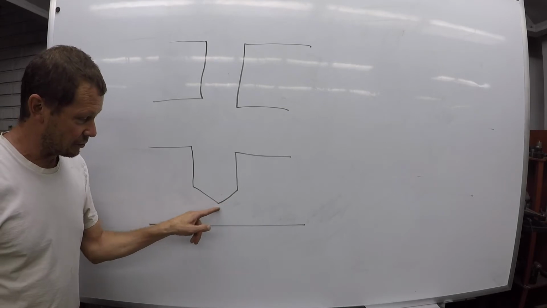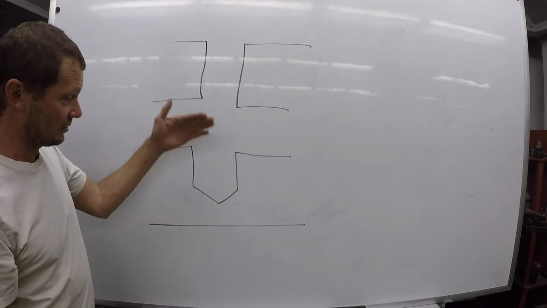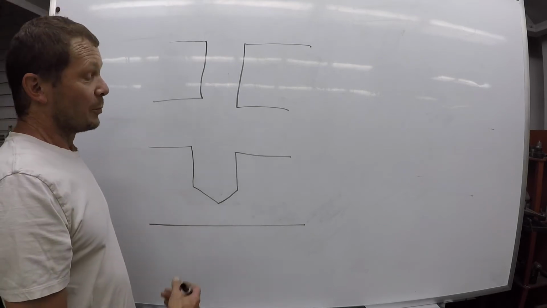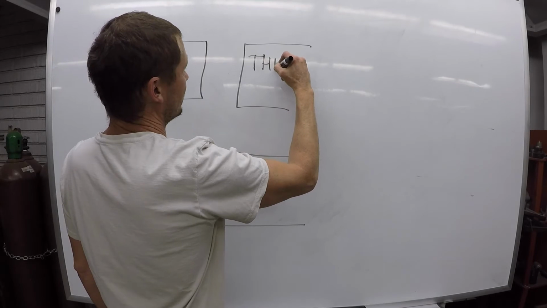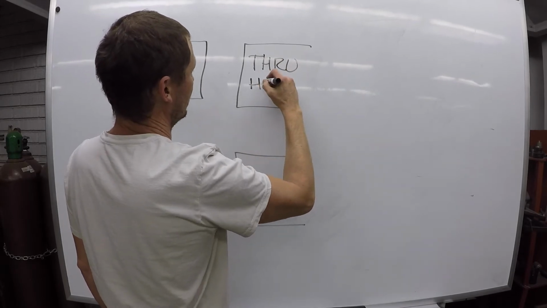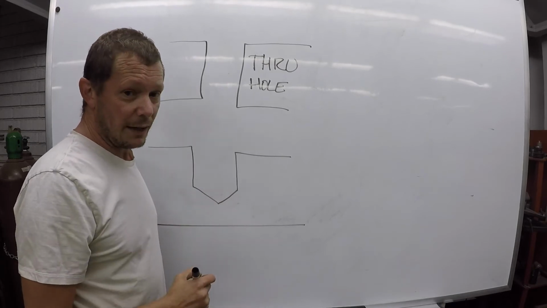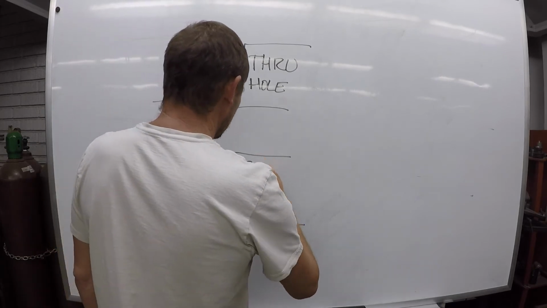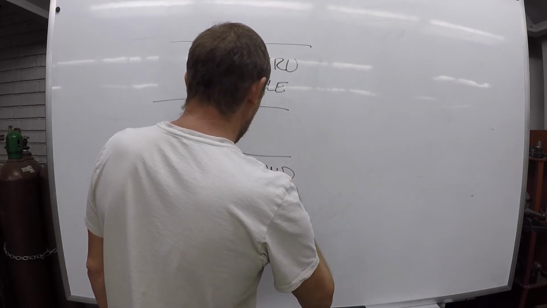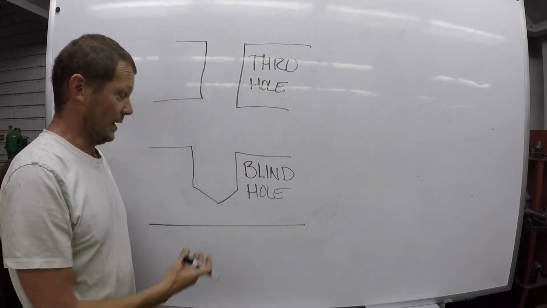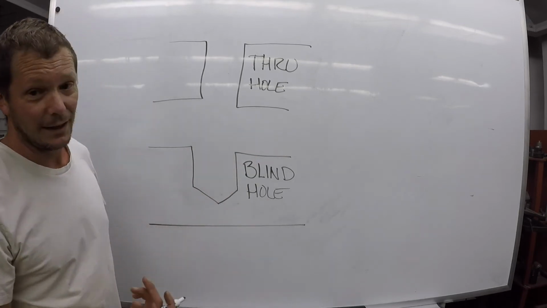And you can even see I drew in the drill bit tip down here, because that's what it would look like if you sliced it in half. It's pretty simple. This goes all the way through. It is called a through hole. And this hole that does not go all the way through is called a blind hole. Can't see through it. Doesn't go all the way through. It's blind. Get it? All right.